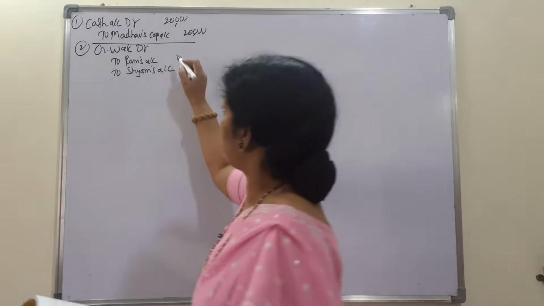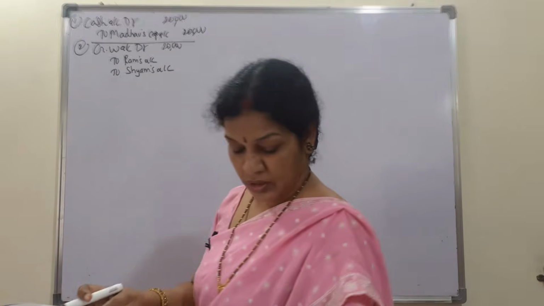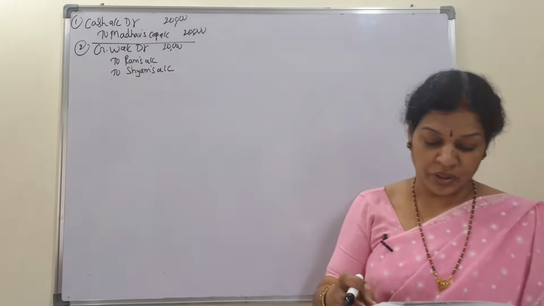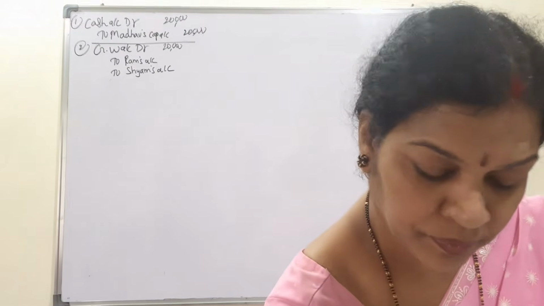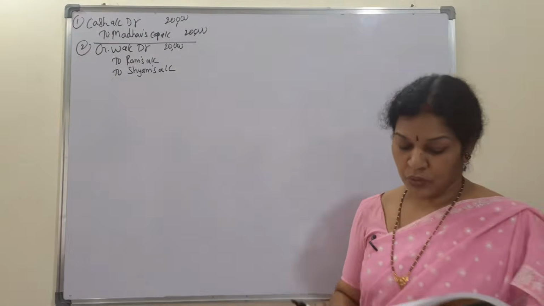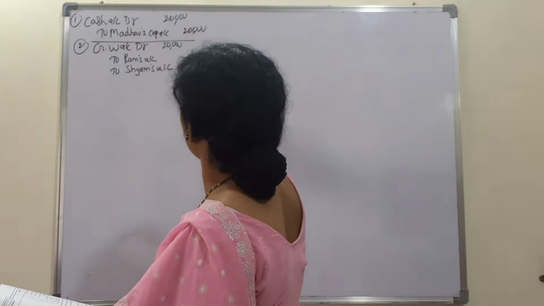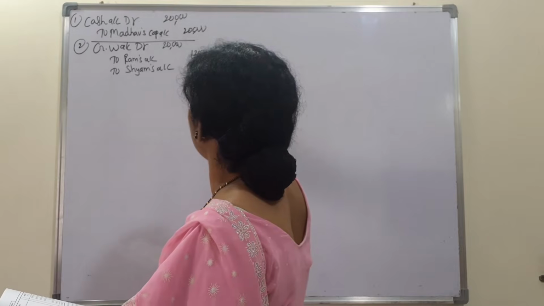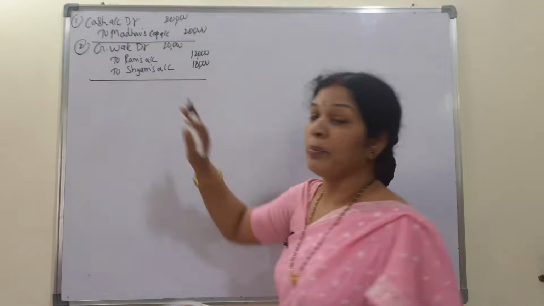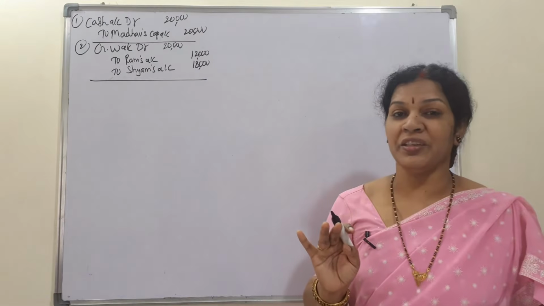Goodwill is 30,000. So this is in the ratio of 2:3. 2:3 means how much does it come to? 12,000 and 18,000. Being goodwill created.